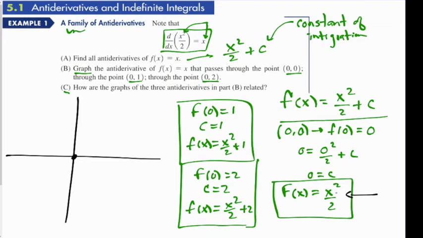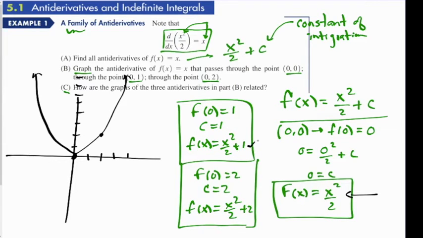If I plug in 2, so f(2) would give me 2 squared over 2, which is 2. And if I plugged in 4, that would be 4 squared, which is 16, divided by 2 is 8. So that's what the graph would look like on the right side. It's a parabola, so it would mirror it on the left side.